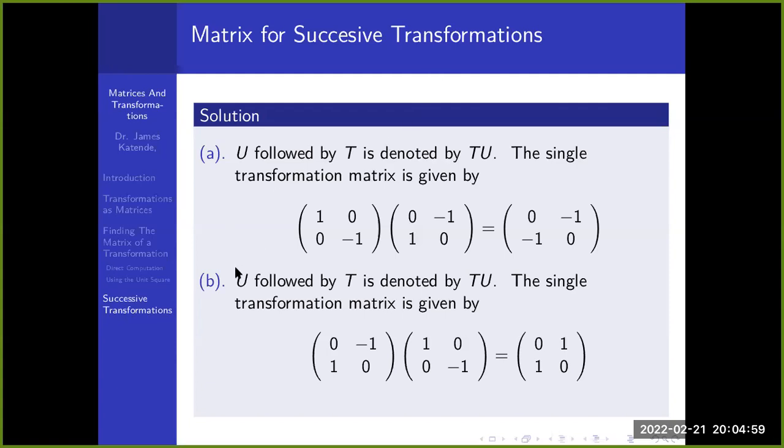I think this one should be T followed by, and this one should be U. So that means this one should be in the reverse order as well, because we move from the right towards the left. So T followed by U. And this is the matrix that represents the successive transformation. So instead of doing a double multiplication, you just need to use one, and you skip the intermediate image. You go to the final image.